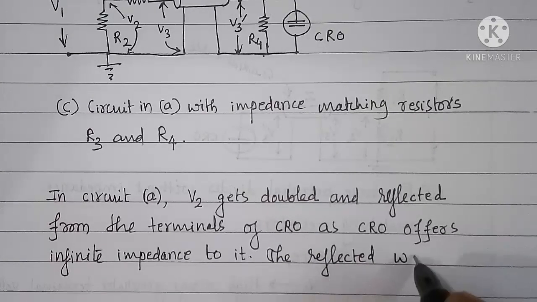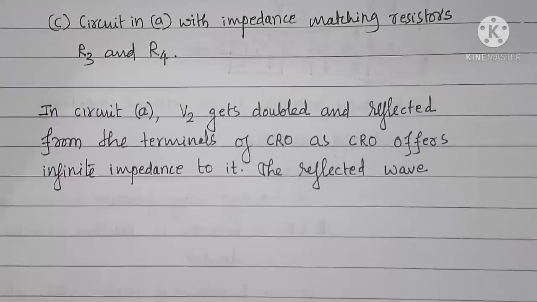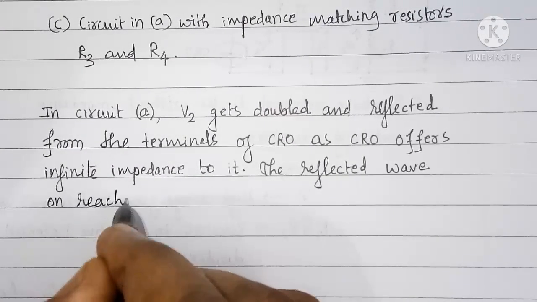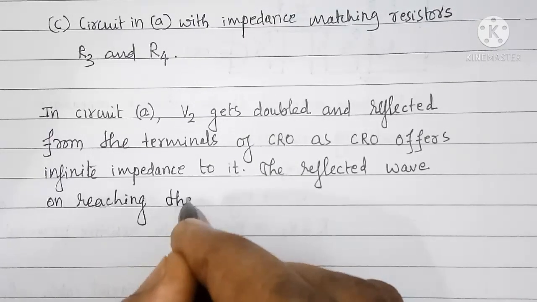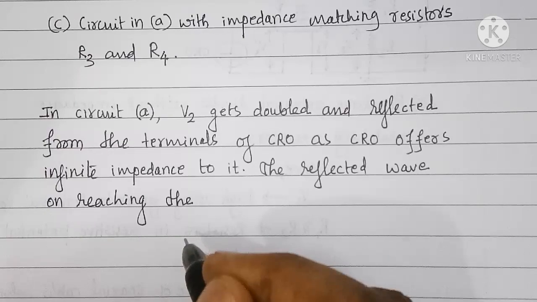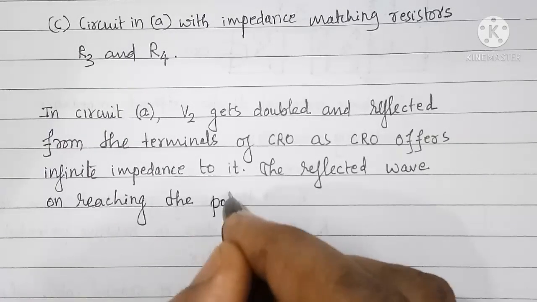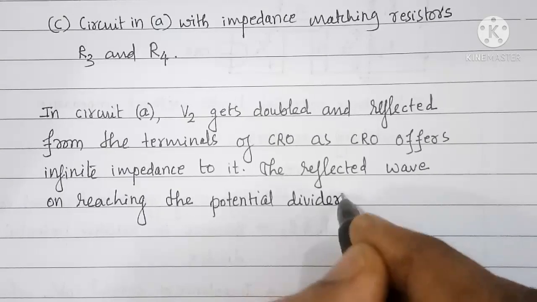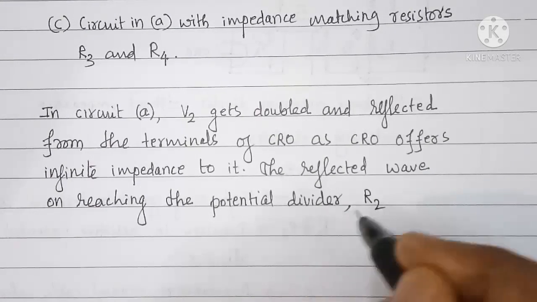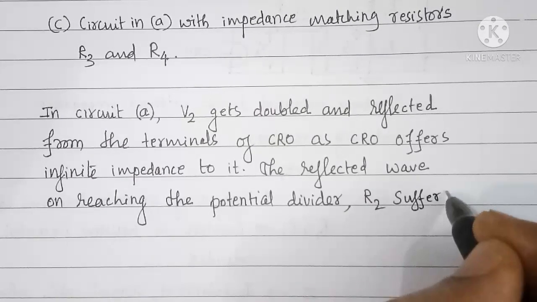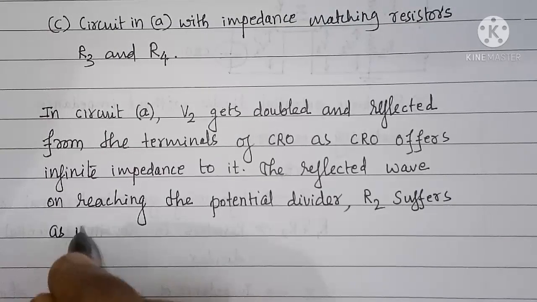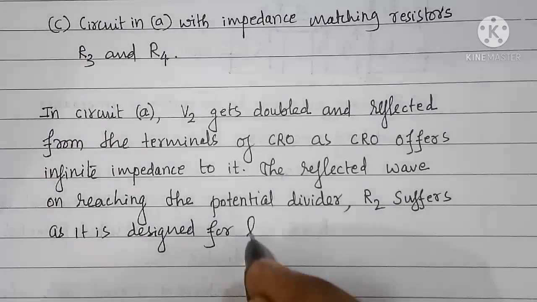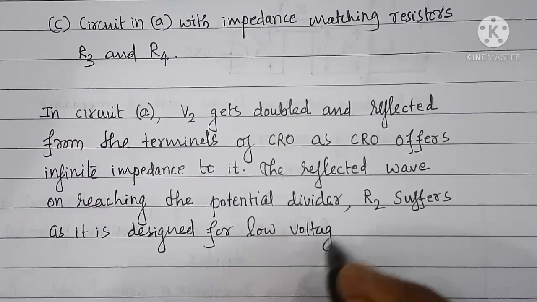The reflected wave on reaching the potential divider, R2 suffers as it is designed for low voltage.